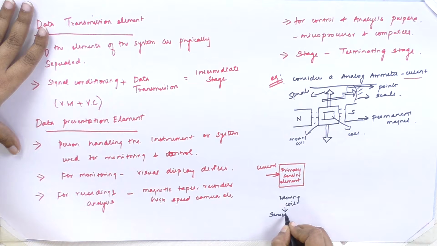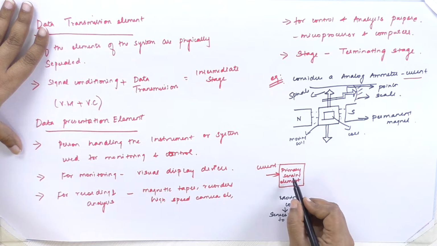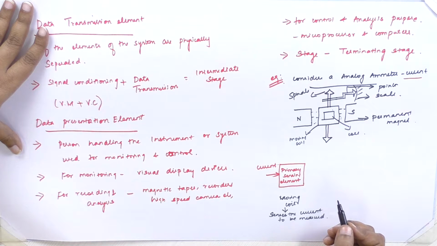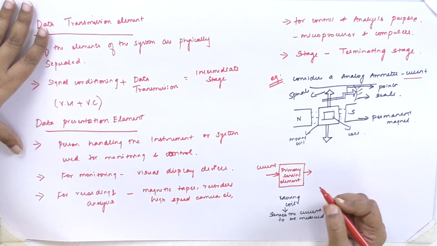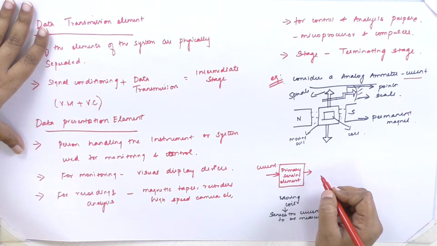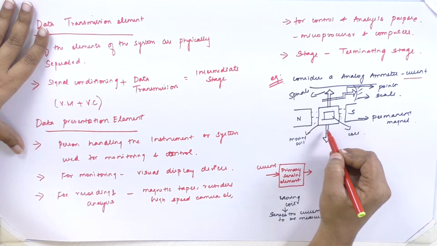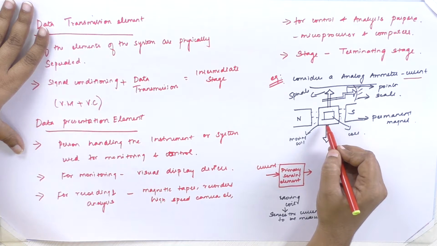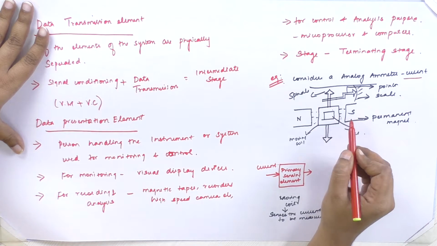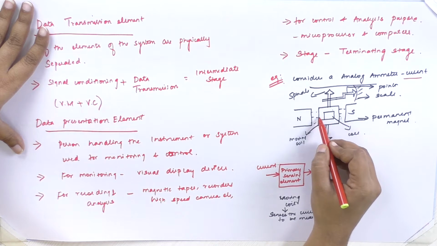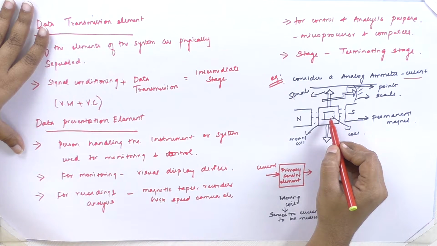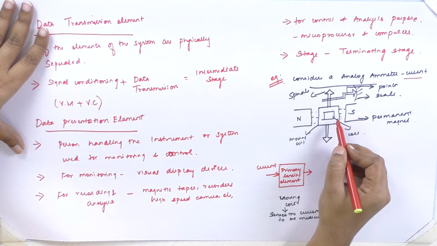What does this moving coil do? It senses the current which is to be measured. So, this acts as the primary sensing element. Then what will be the second element? We know that first the current flows through this coil. This coil is placed in the magnetic field of this magnet, where this moving coil will experience a force and will rotate in the magnetic field.